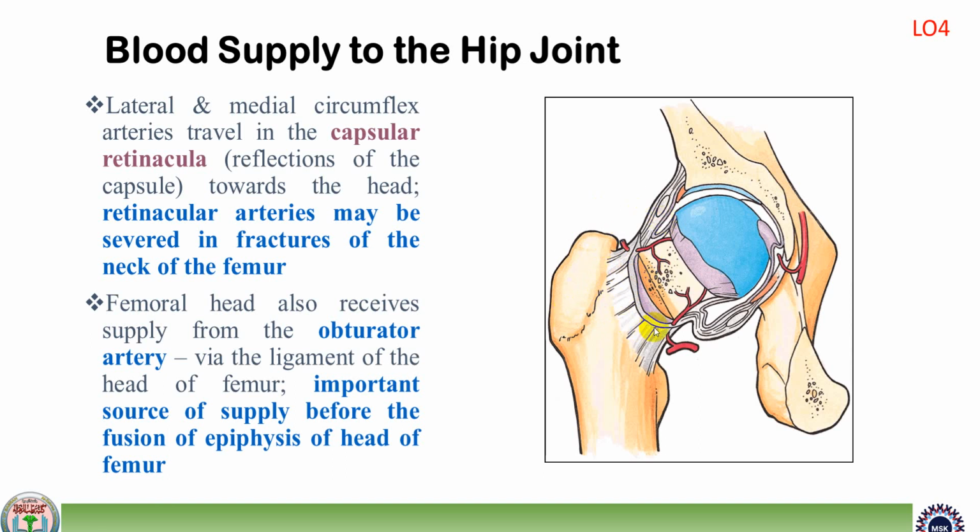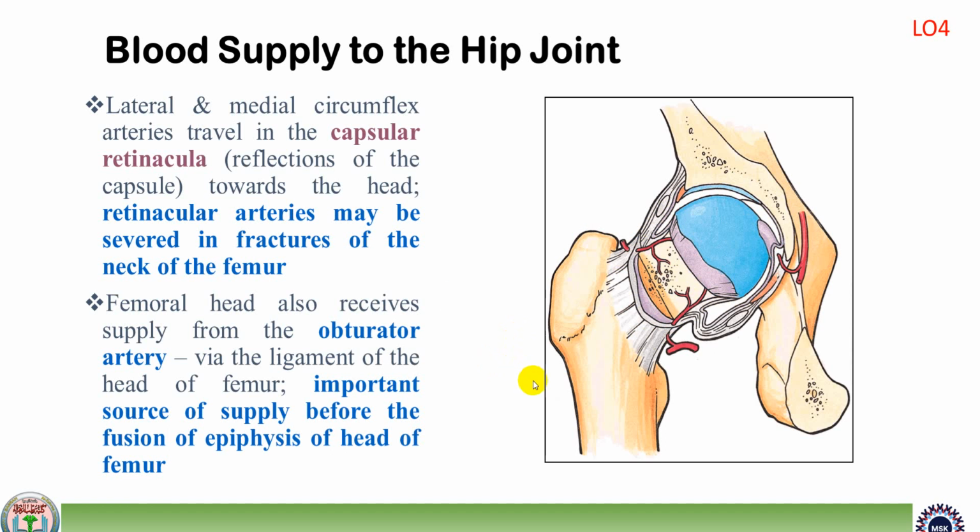These retinacular blood vessels are the main blood vessels for the head of the femur in adults, especially and may be severed during fracture of the neck. If a fracture happens here, these vessels may be damaged, and if they are damaged, the head of the femur might die. When the head dies, it is called avascular necrosis of the head of the femur.